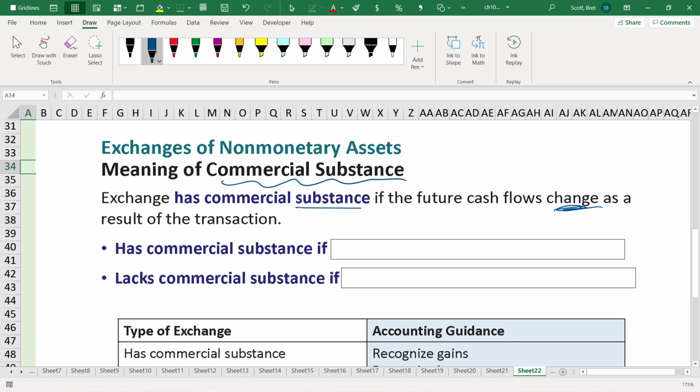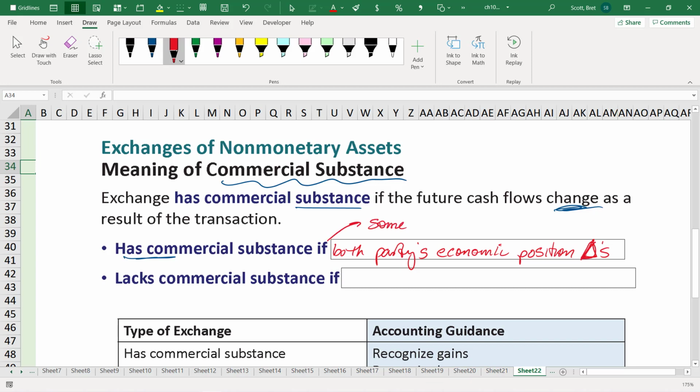If a transaction has commercial substance, then essentially both parties' economic position changes. And in a lot of ways, that means that somebody is definitely better off.